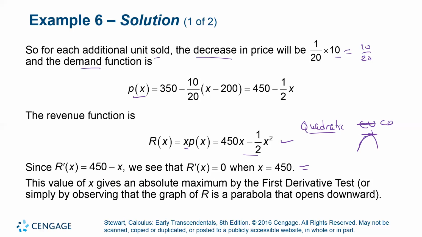Now this value of X gives an absolute maximum by the first derivative test, or by simply observing that the graph is a parabola that opens downwards, like I've said. So this X gives the revenue its absolute maximum value.